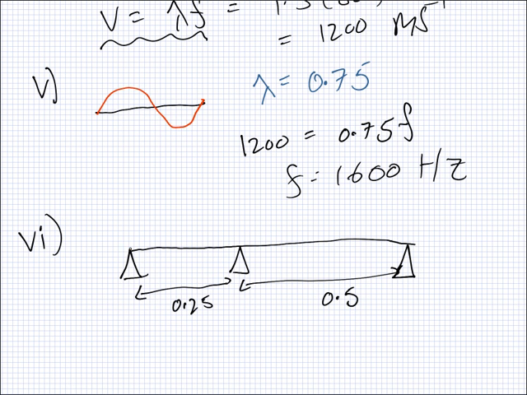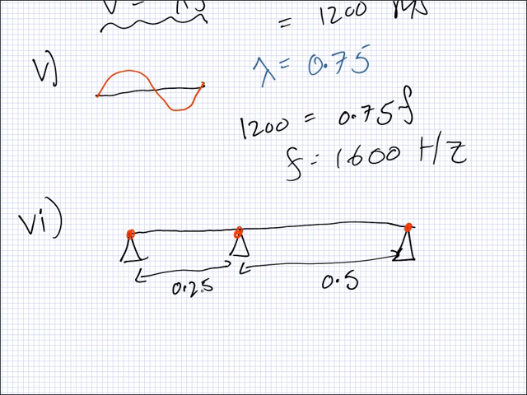The rest of the string between the bridges is still free to oscillate. Sketch a diagram to show the lowest frequency of stationary wave which can now be produced on the full string. So if this is a node and a node, then it must go like this. And this is 0.25, which means this must be 0.25, which is in the middle there.